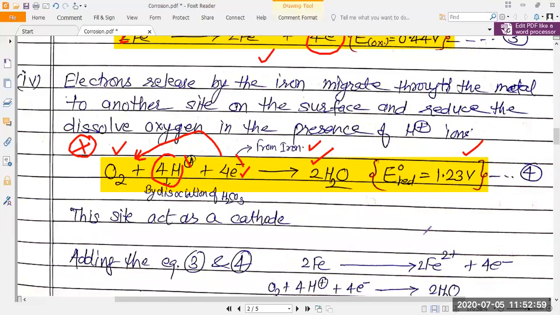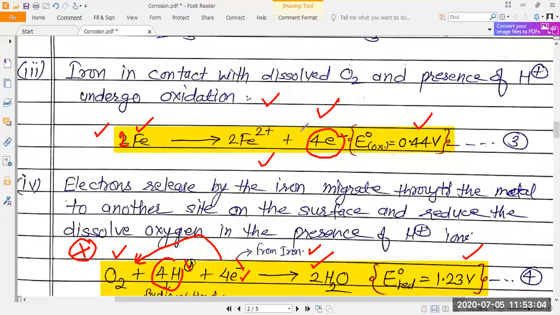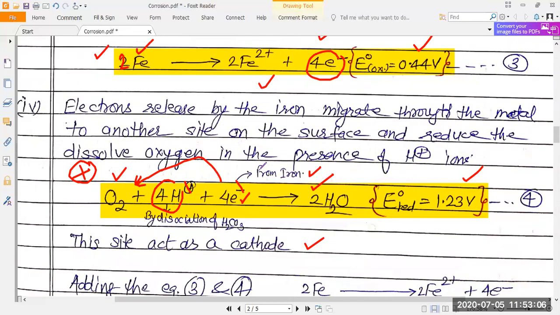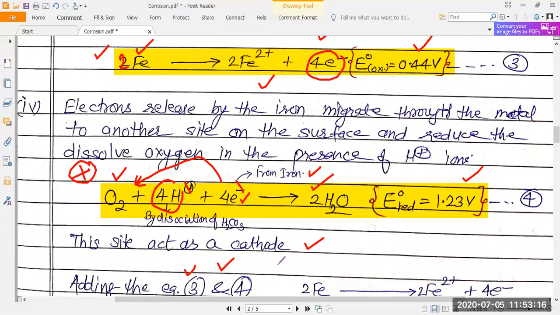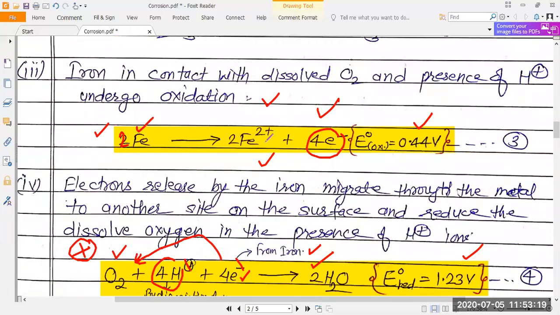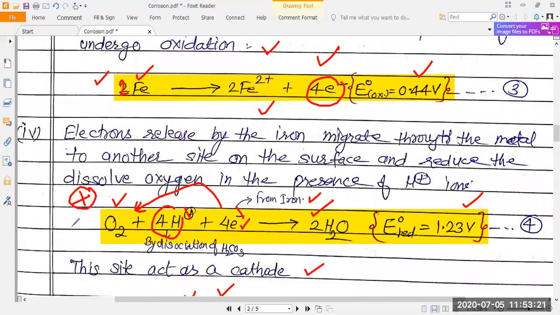Now this side acts as the cathode and this side acts as the anode, as we have discussed earlier. Now we will add equation number 3 and 4. So when we add equation number 3 and 4, we get the final equation. Equation number 3 is this one and equation number 4 is this one.